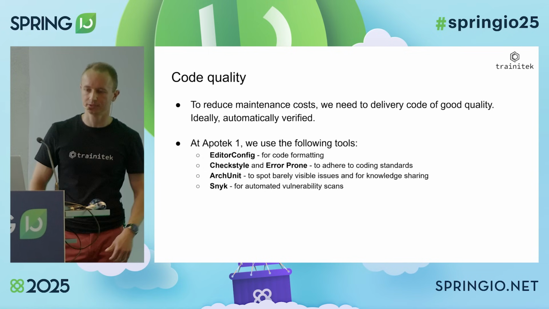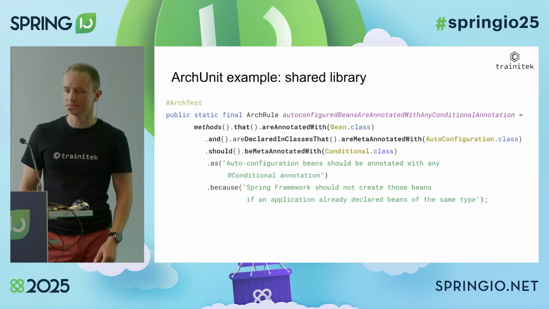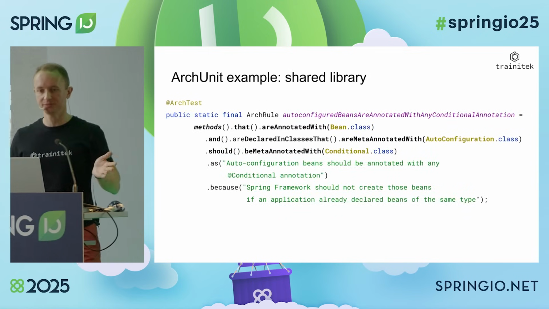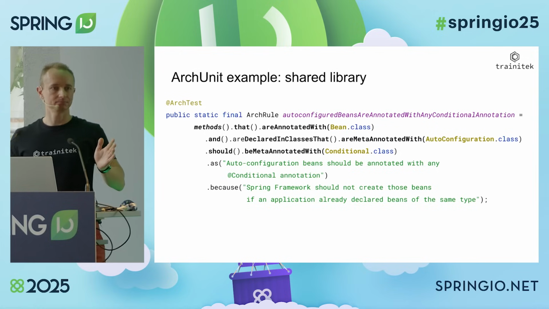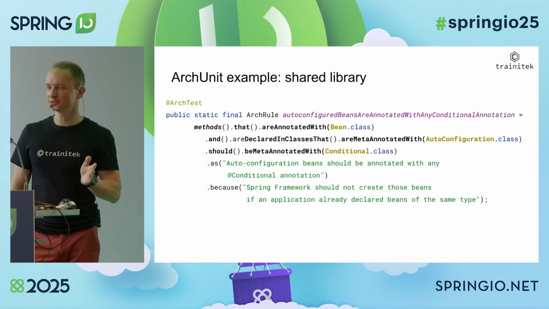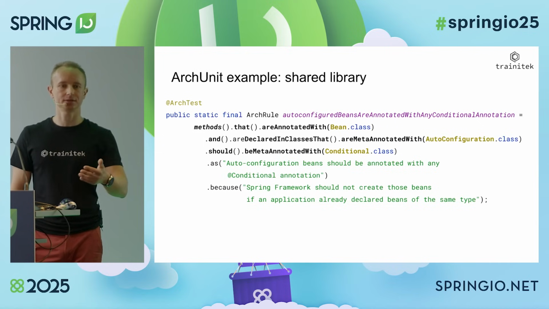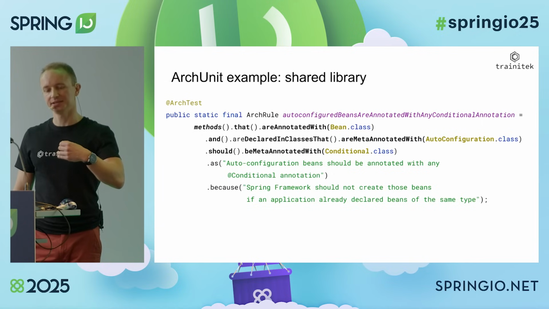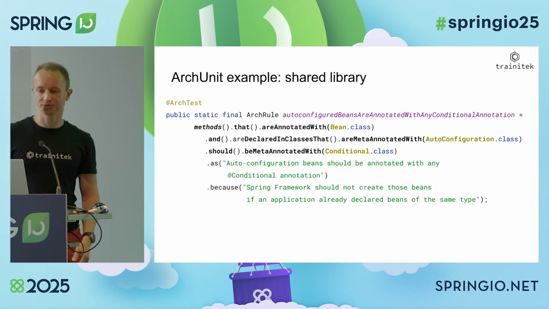We are happy. So, an ArchUnit example, if you're not familiar with it: you can describe in almost plain English what you want from your structure, or introduce rules in your code bases.